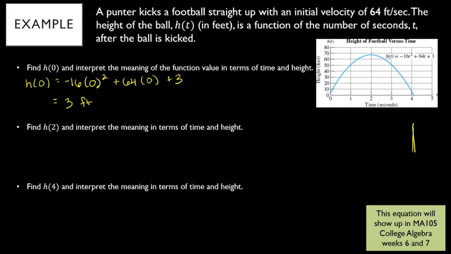So that's when the punter is kicking, he kicks the ball when it's 3 feet off the ground. You could visualize that. He's holding it up, and that's approximately how high it is when it gets kicked. So when the football is kicked, it is 3 feet off the ground.